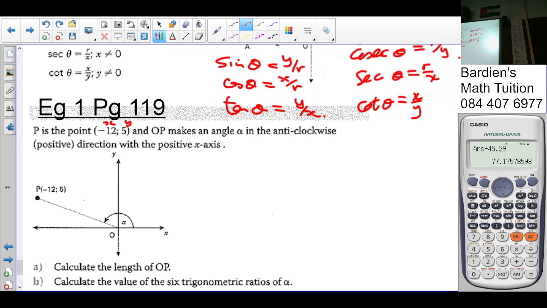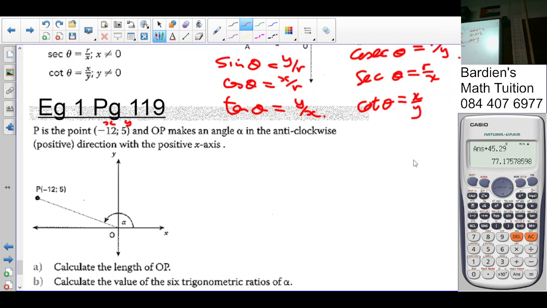OP makes an angle alpha in the anti-clockwise or positive direction with the positive x-axis. Remember what did I say? We'll always start here. Not because I said so, but because it's always been so. Okay.